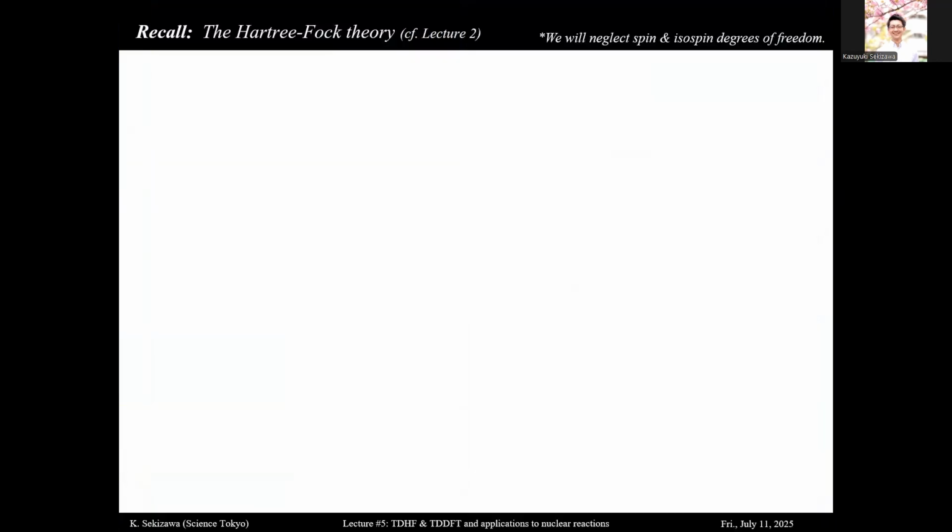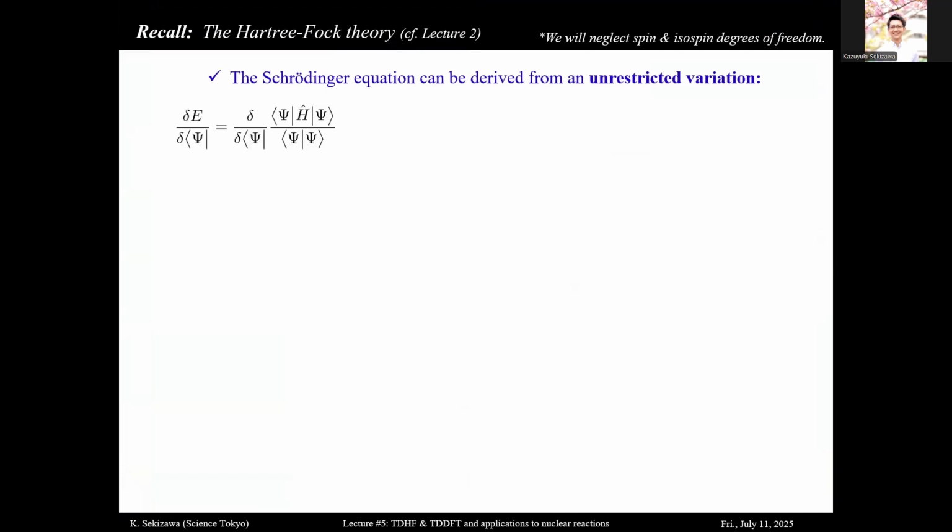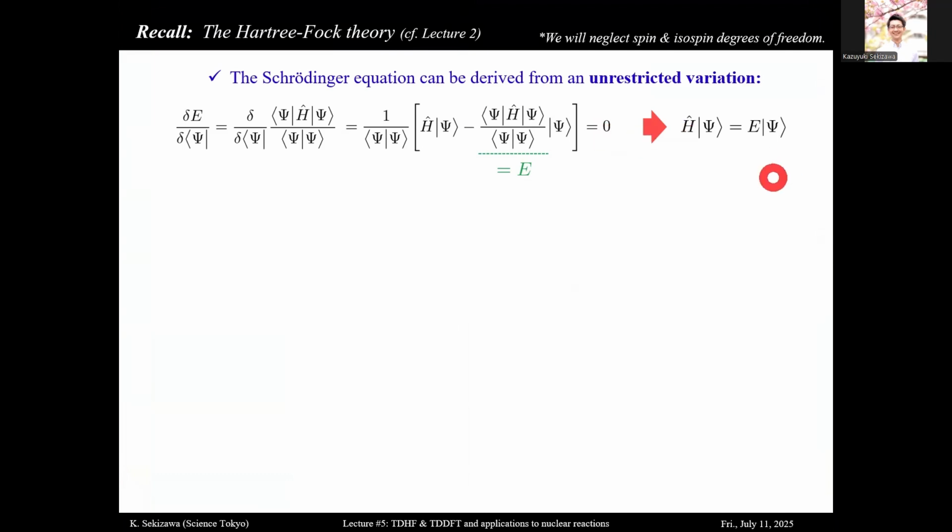Here I just recall what the Hartree-Fock theory was. This slide was taken from lecture 2. From the variational principle, we could derive the many-body Schrödinger equation if we do not impose any restrictions. From the unrestricted variation of the energy expectation value, one can derive the many-body Schrödinger equation.